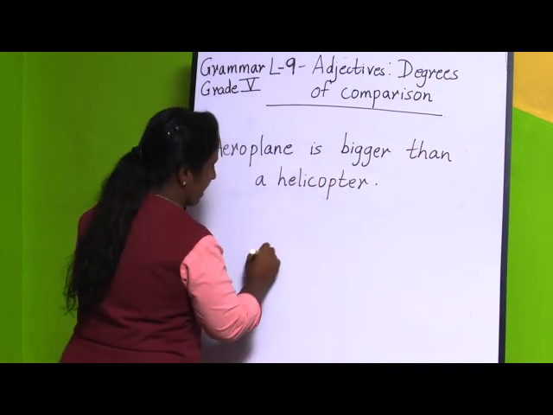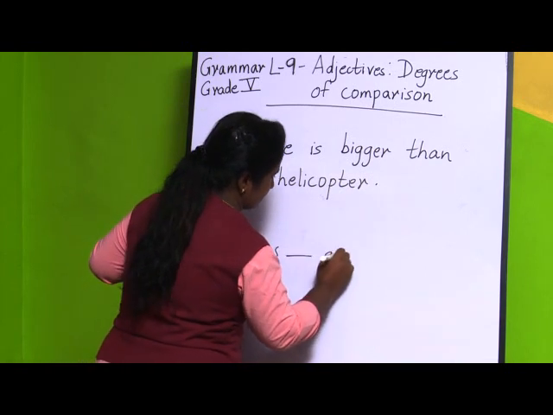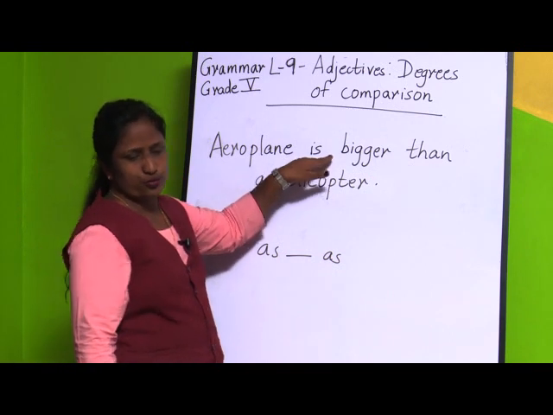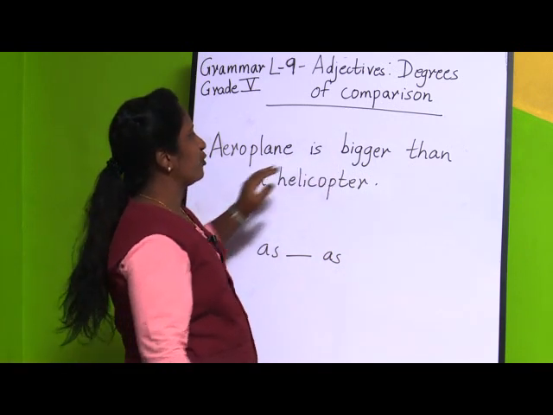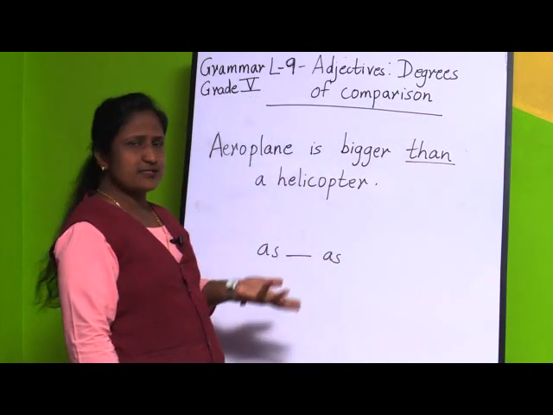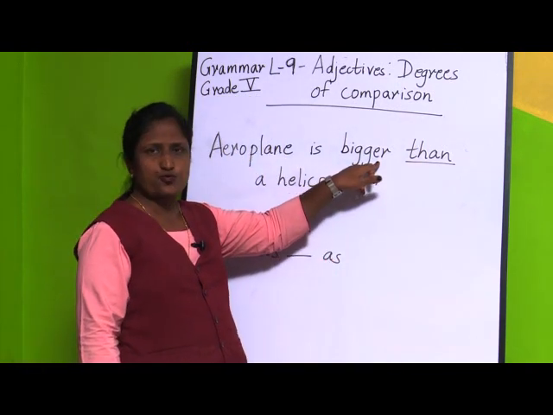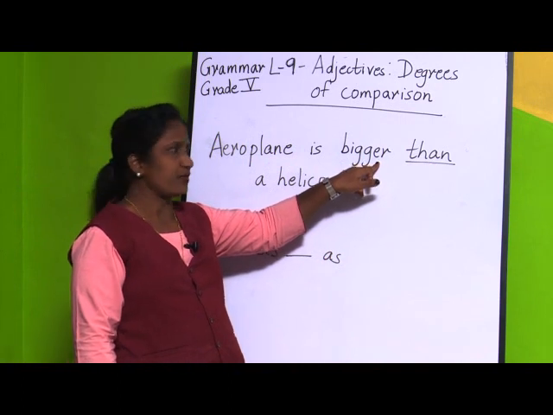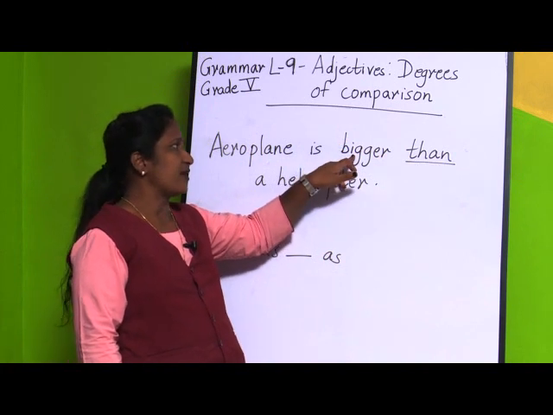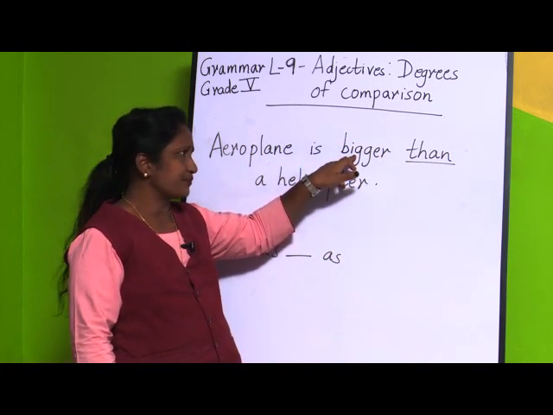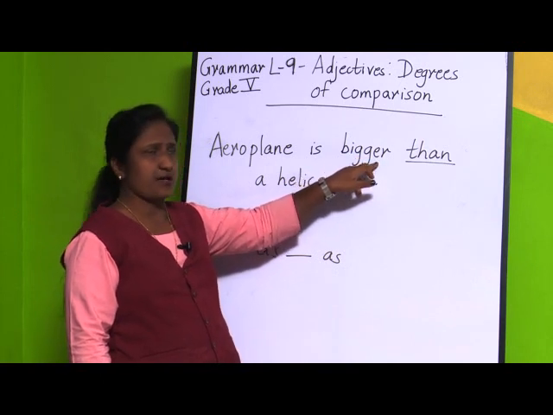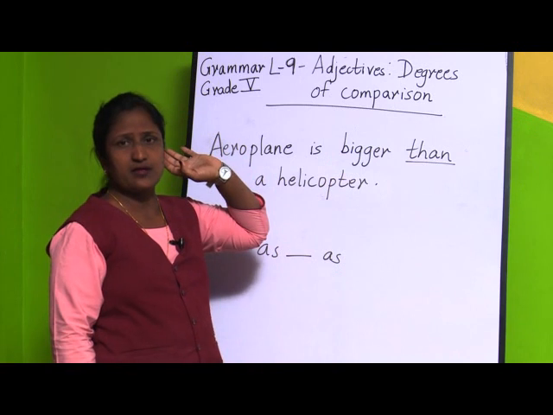In positive degree, we have used as, adjective and as. But in comparative degree, what are you going to do? You are going to use it in this way. We are going to use the word than, and as you know, we are supposed to add er to the adjective. And one more thing, sometimes we also use the rule: here we have seen that it is a consonant, and this consonant you are going to double and add er, as we have learnt in the rules.